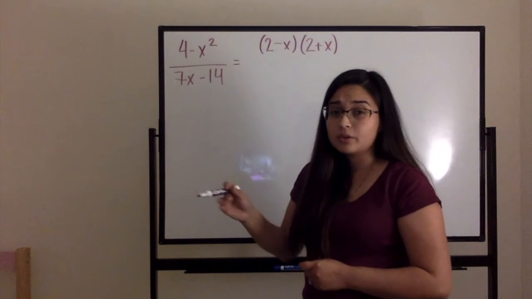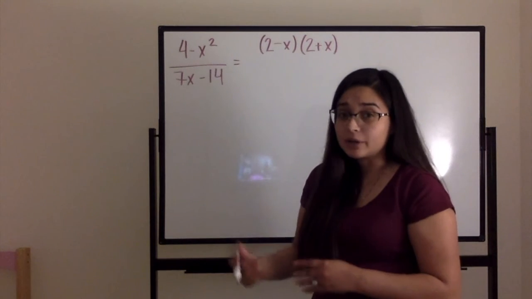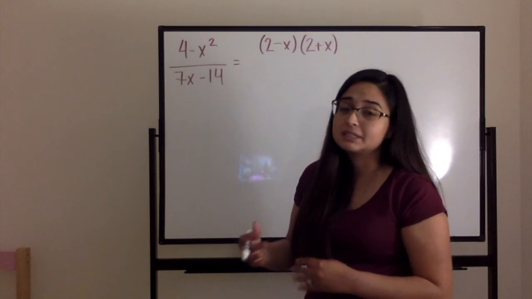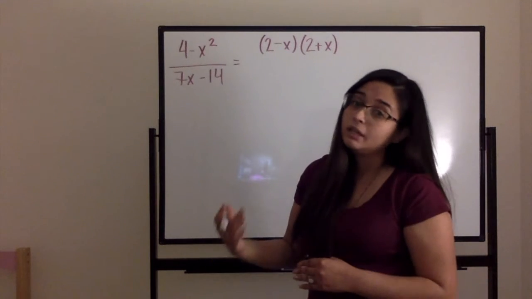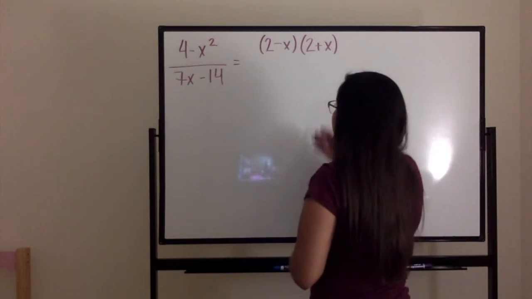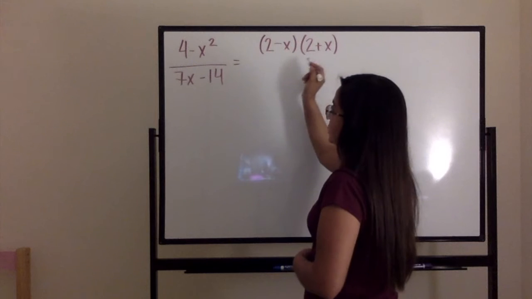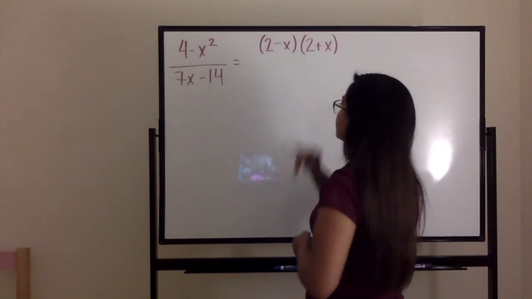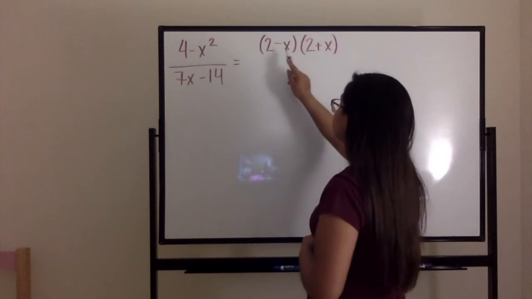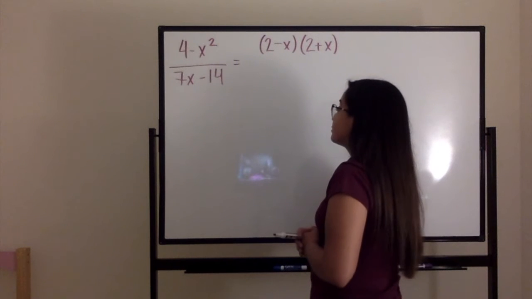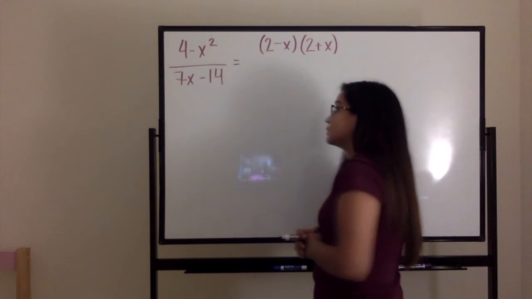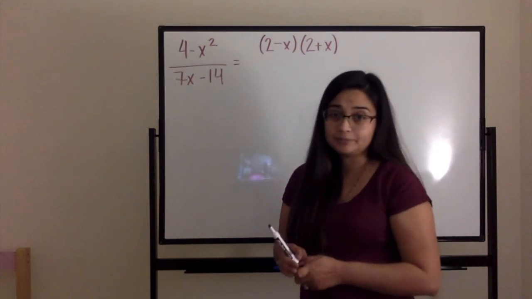And although it's kind of in a different order than we would normally see a trinomial, it still can be written this way, where 2 times 2 equals 4, and x times negative x is going to give me negative x squared. Okay?